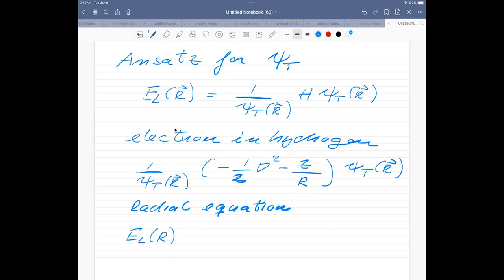So this is just the scalar. It's just the absolute value of the distance between the electron and the atomic nucleus. And this is now given by the radial part of the wave function, taking away the angular part. And this contains now minus 1/2, and then there's a second derivative d²/dr², and then we have minus 1 over r, d/dr, minus Z over r.